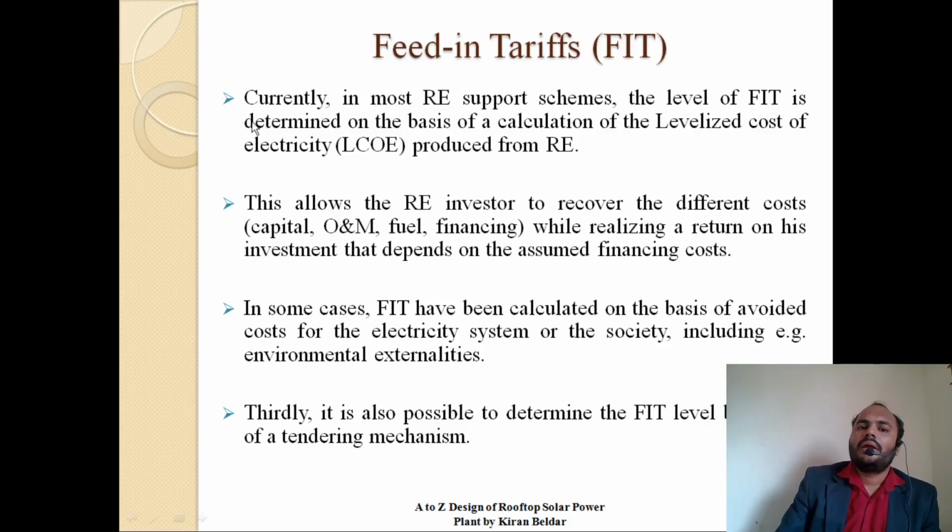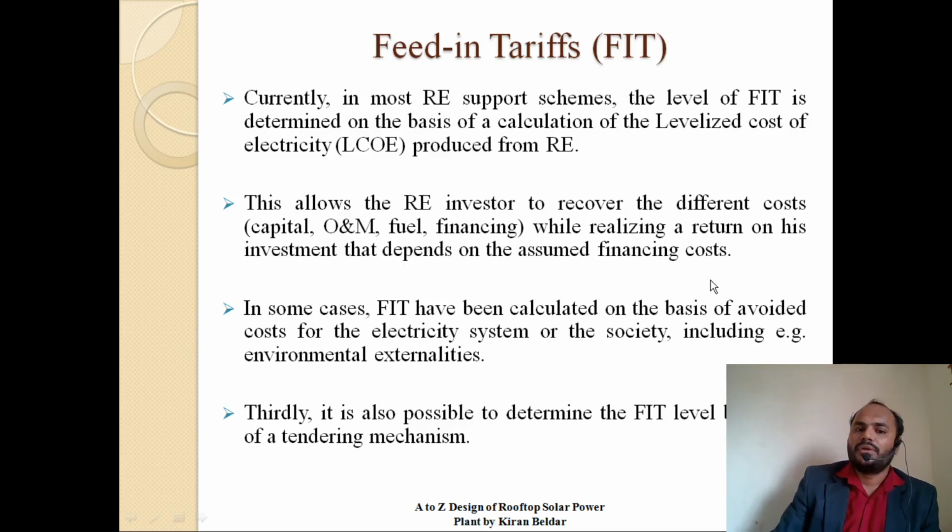Next point, currently in most renewable energy support schemes, the level of feed-in tariff is determined on the basis of calculation of the levelized cost of electricity produced from renewable energy. This allows the renewable energy investor to recover the different costs, capital, operation, maintenance, fuel, financing, while realizing a return on investment that depends on assumed financing cost.